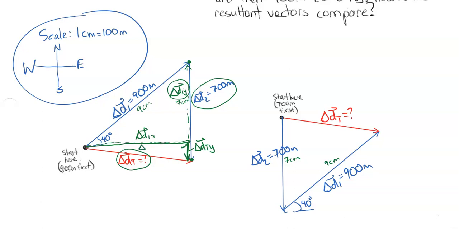And so this represents the total displacement in the x. And what I'm left with now is this right angled triangle. So if I add the y's together first, and then I consider the x, that's going to give me that right triangle, allowing me to find the total displacement. So let's look at how to do that.